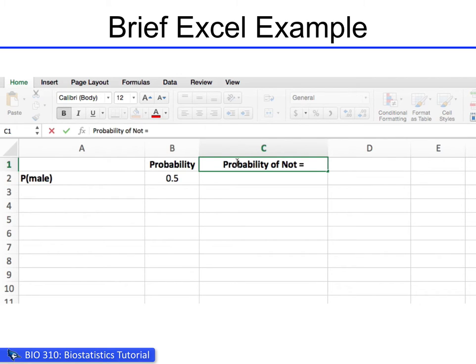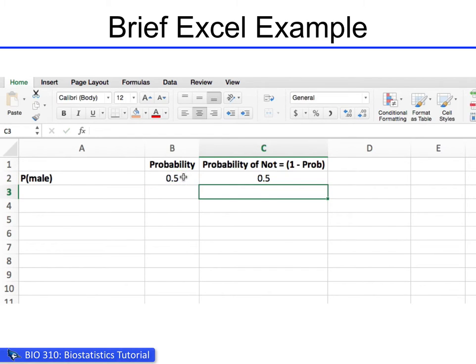So in this case, this is just going to be 1 minus the probability. So here just equals 1 minus this. Alright, so the probabilities have to add up to 1. So if the probability of being male is 0.5, the probability of not being male is 0.5.